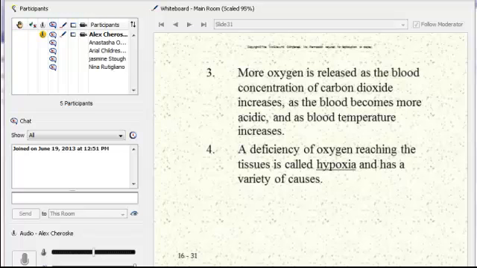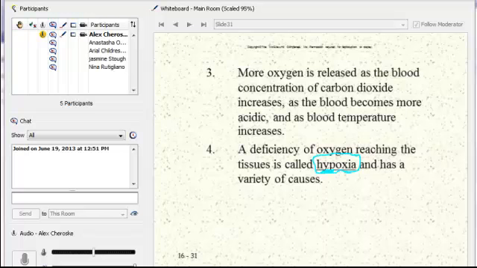Now, if that's not working, sometimes you hear about this term, which is called hypoxia. So hypo means low, and oxia, of course, refers to oxygen. So if you have a tissue that is not getting the oxygen that it needs, it's called hypoxia, or the tissue becomes hypoxic. And there are various ways that can happen.